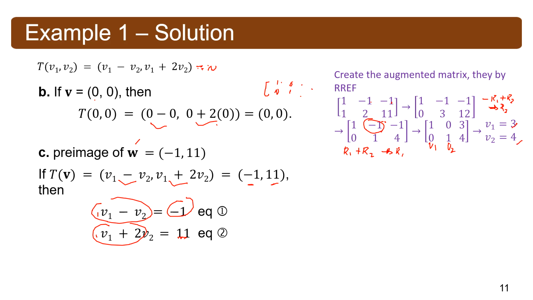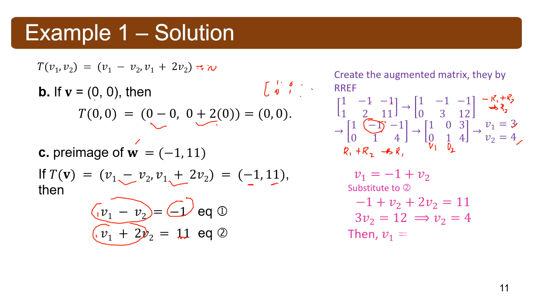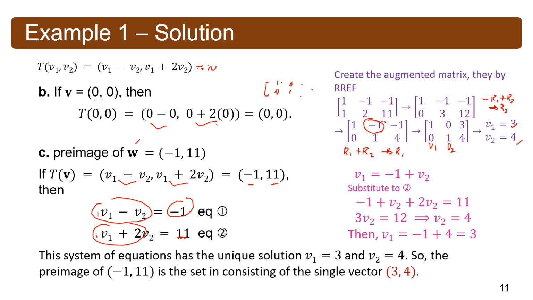So you have the result, or you may use elimination, which is what we do in algebra. You will, of course, come up with the same solution, and the pre-image of w is (3, 4).